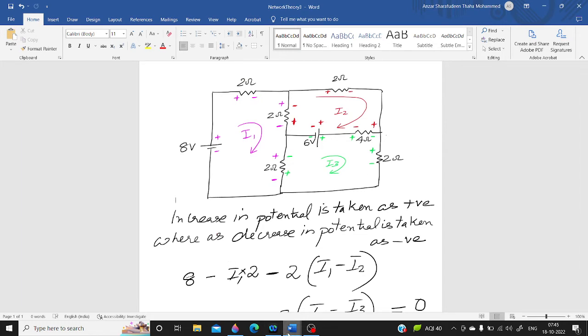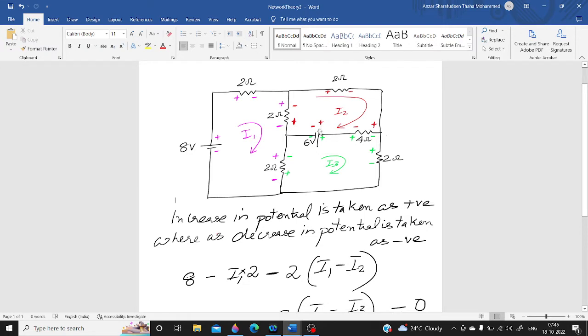Okay, and now let us consider mesh 2. I have already given the polarity of the elements in mesh 2. Along the direction of current through a resistor, there is always a decrease in potential. So the polarity is marked here plus and minus, and here it is plus and minus, decrease in potential in red color.